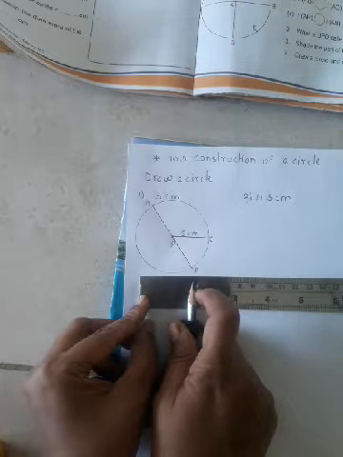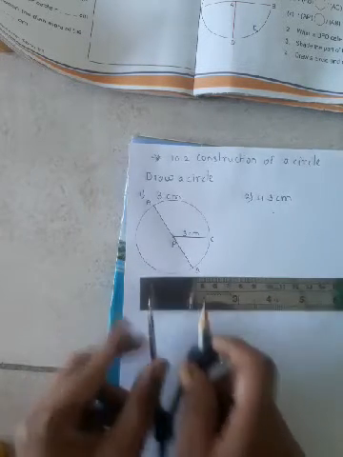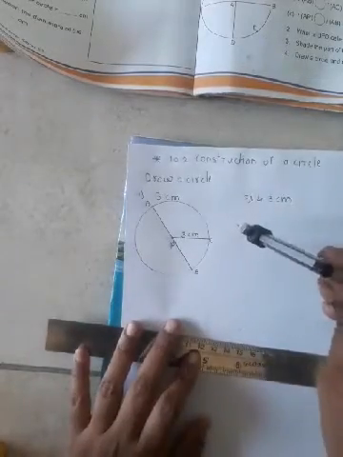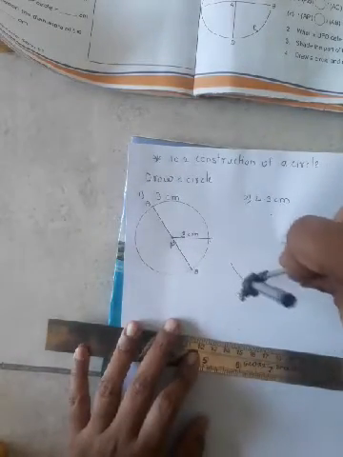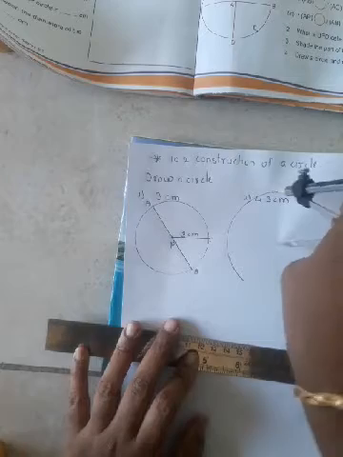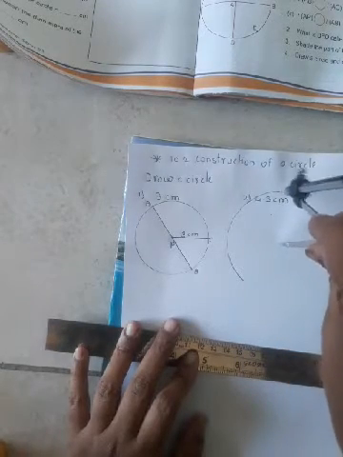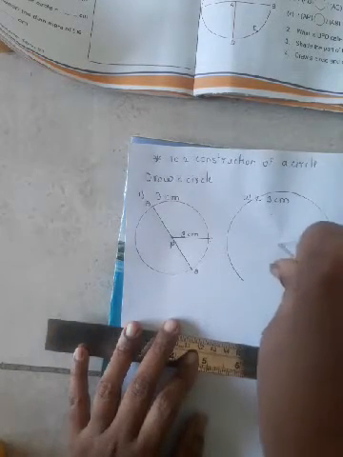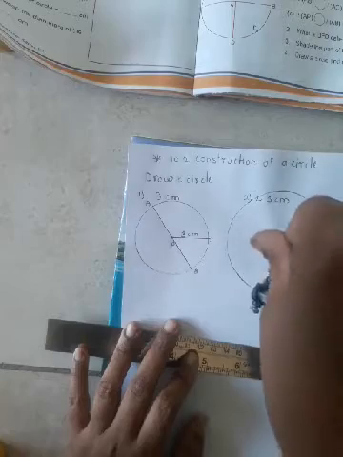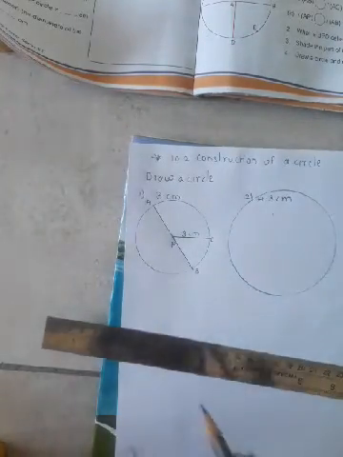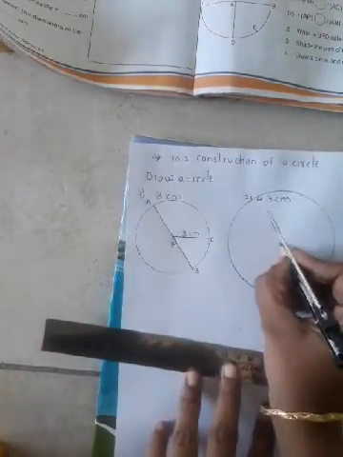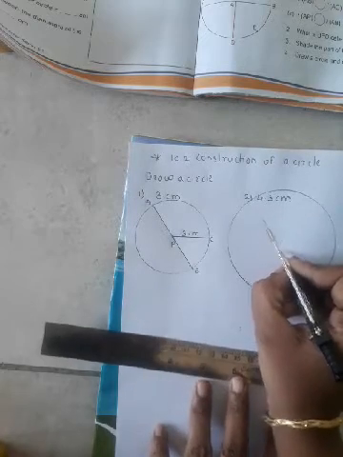After 4 millimeter, count 1 2 3. Now draw here one circle. And where the compass's leg is, there is the center point right there.